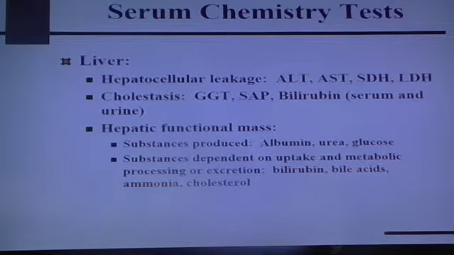AST is about 70% inside the mitochondria. If I have severe liver damage, will I get mitochondrial damage? So in other words, the ALT-AST ratio in blood is about 1 to 1. And what if I have both of them elevated, and my ratio is still 1 to 1, or maybe 2 to 1, or something like that? I can look at that.